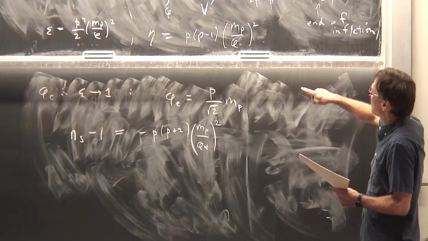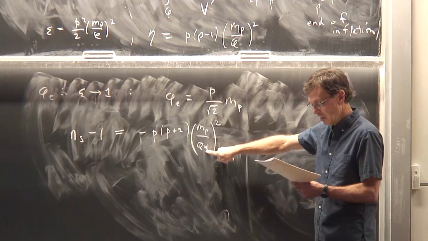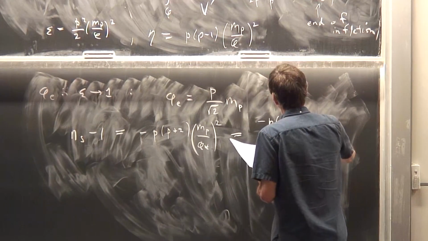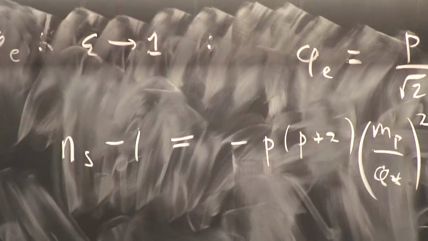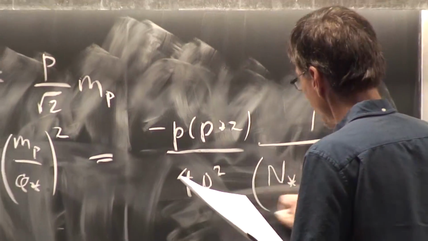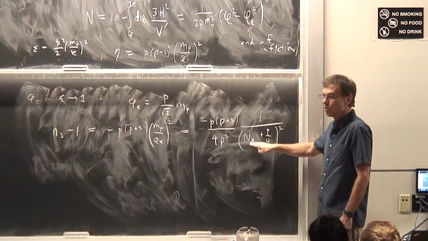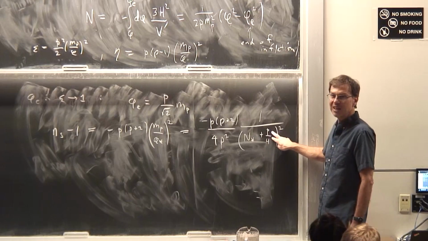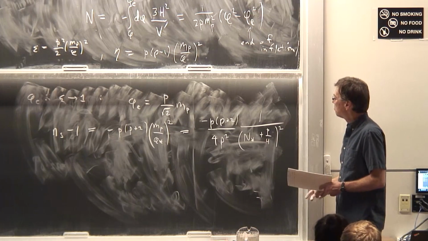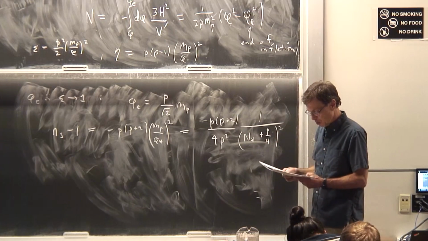Since we have a relationship between phi and N, we can re-express this in terms of N. And so if you do that, you find that it's minus (p plus 2) over 4, 1 over N star plus p over 4, squared. Now N star is going to turn out to be of order 30, and p is going to be not too big. So usually you can just ignore the p over 4. But same problem now. We need to figure out what is N star, what's the appropriate value.